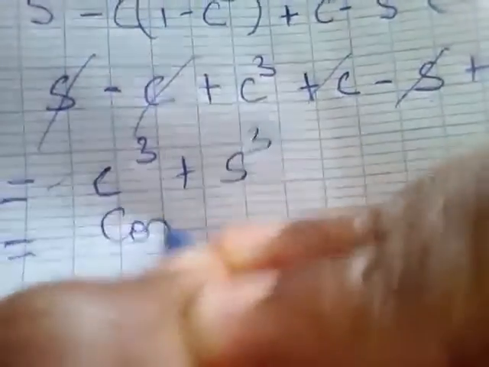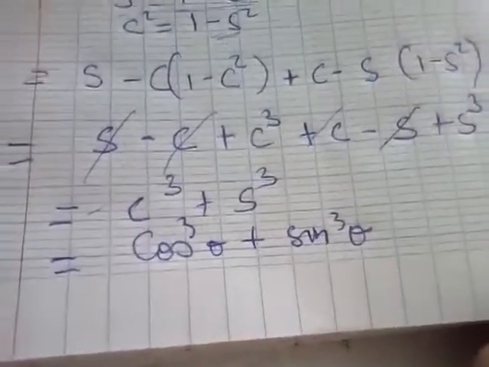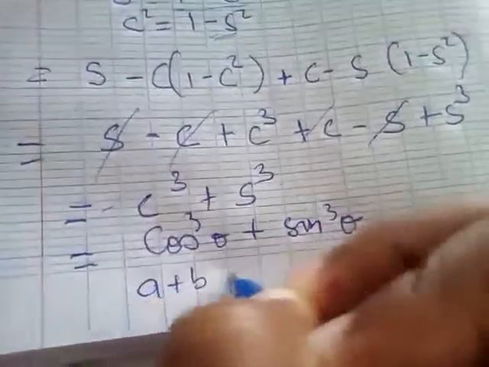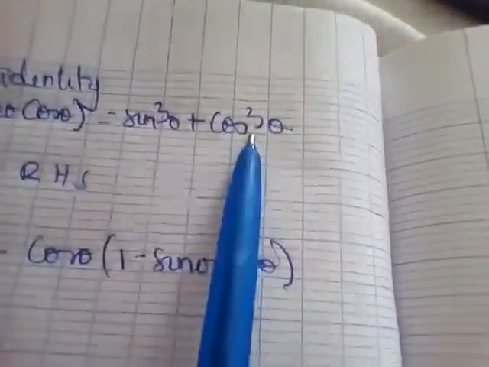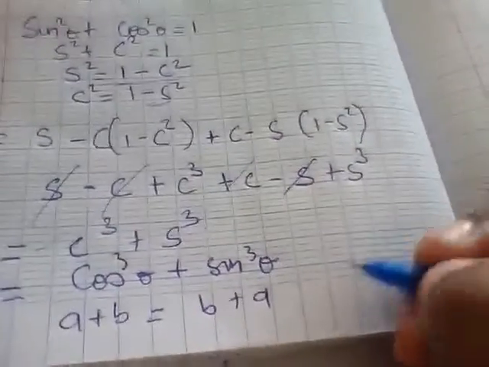It means that it is the same thing as cos cube theta plus sine cube theta, and you know that addition is commutative. In addition, A plus B is the same thing as B plus A, so it's the same thing as what is written here, sine cube theta plus cos cube theta, which I just proved for you.